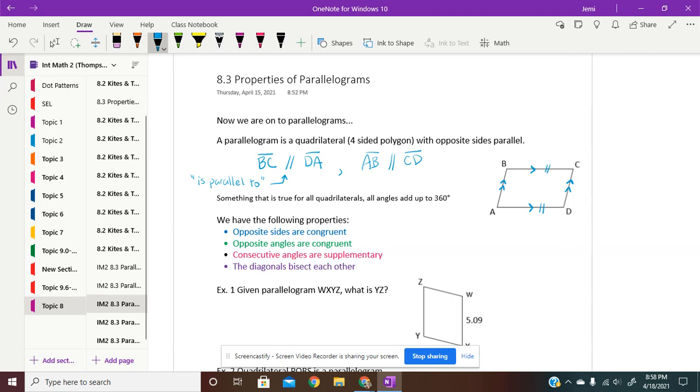Opposite sides, so BC is opposite DA, so they are congruent to each other. BC is congruent to DA. And similarly, AB is congruent to CD. So opposite sides are both parallel and congruent.